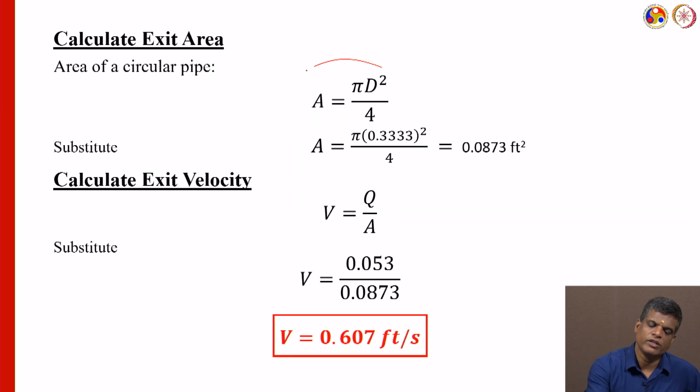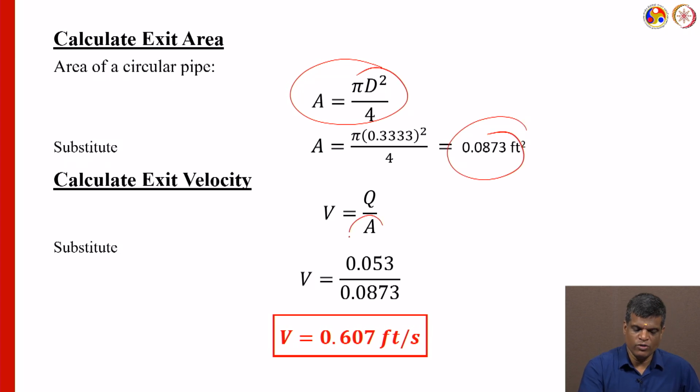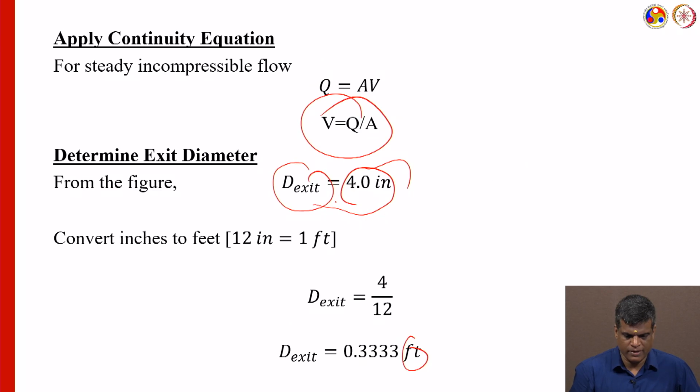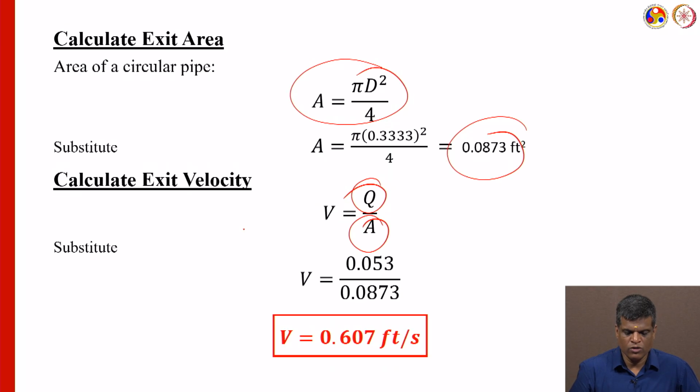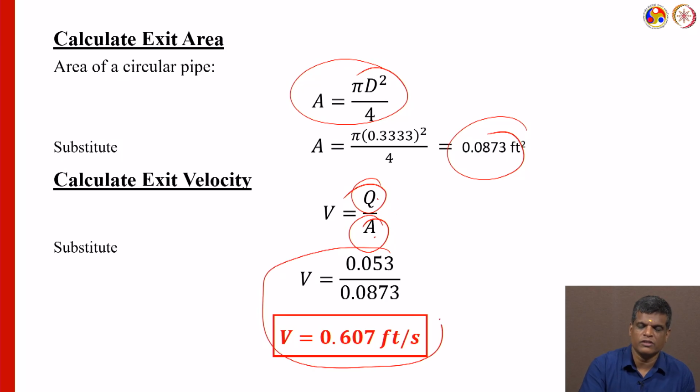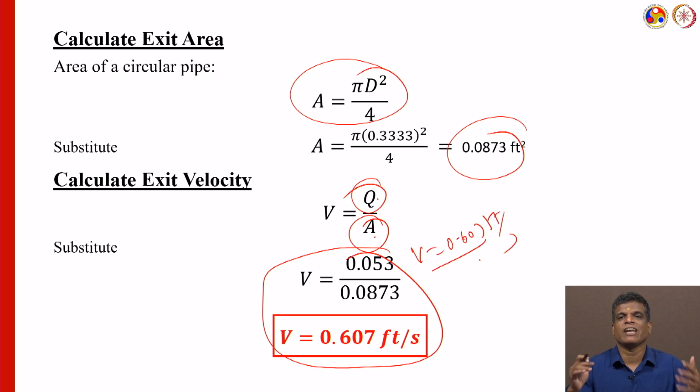Then you substitute in the square and we get the area here. Once we know the area, and the Q value is already given, the volumetric flow rate 0.053 feet cubed per second, you just use the Q value and A value, and from there we get the velocity. The velocity V equal to 0.607 feet per second. That is the final velocity.